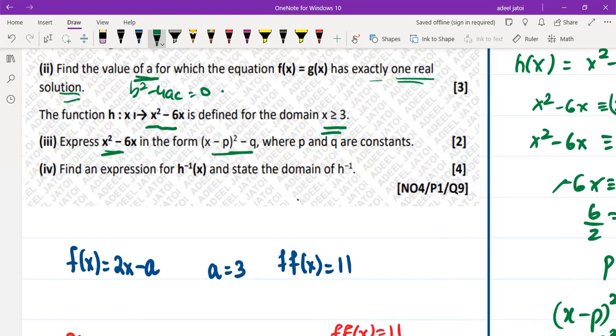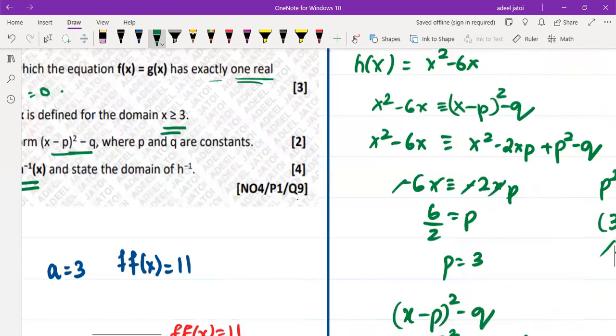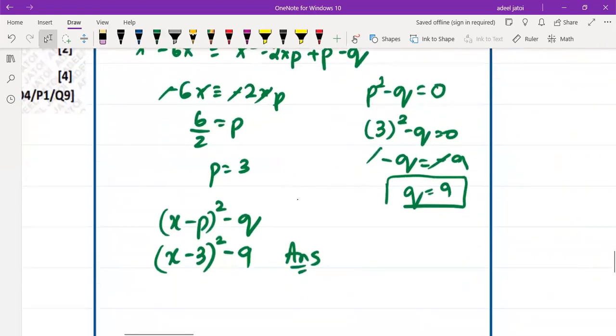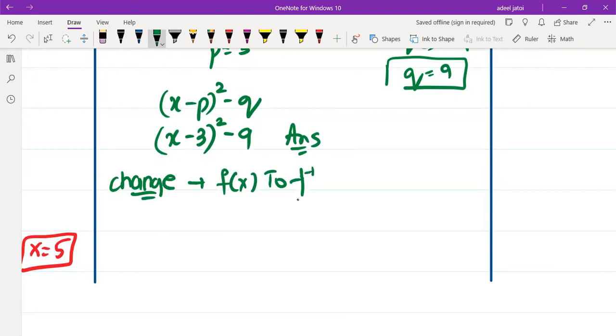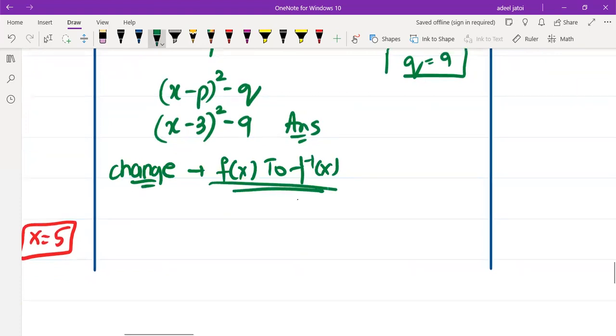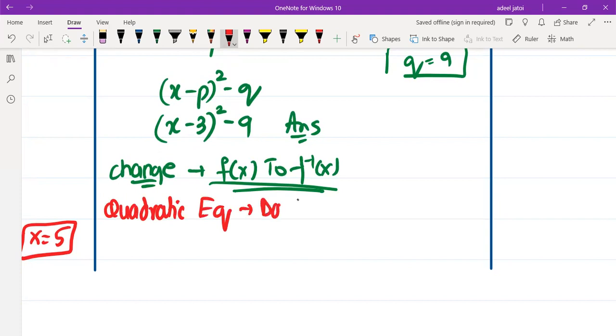Now the question says find an expression of h inverse of x. What does expression mean? It means that you need to change f x to f inverse. Now here's the concept you need to understand: your quadratic equation does not have an inverse.